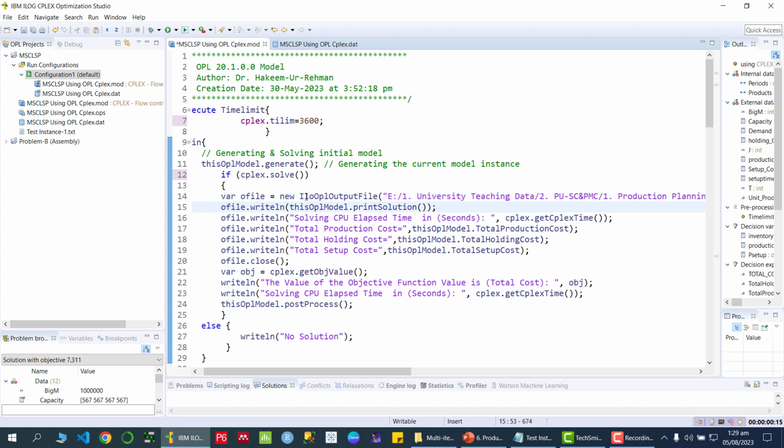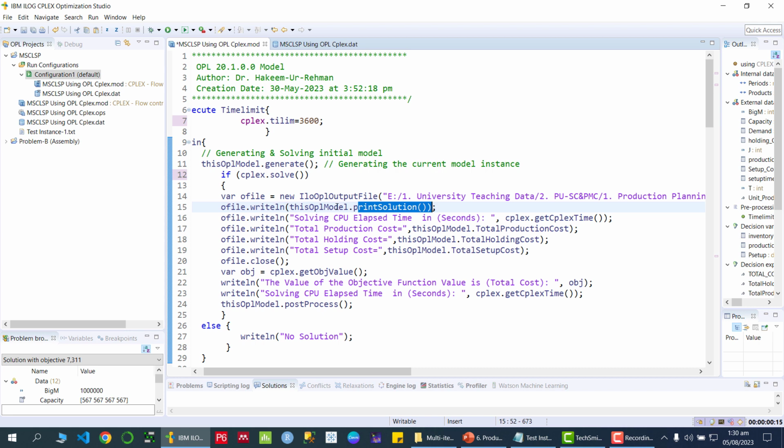So once this model is solved, the solution report is going to be saved over here, whatever path you have given. And then I am saying ofile, this ofile means output file, dot writeline, and I am saying this OPL model dot print solution, which means print the solution of this model.